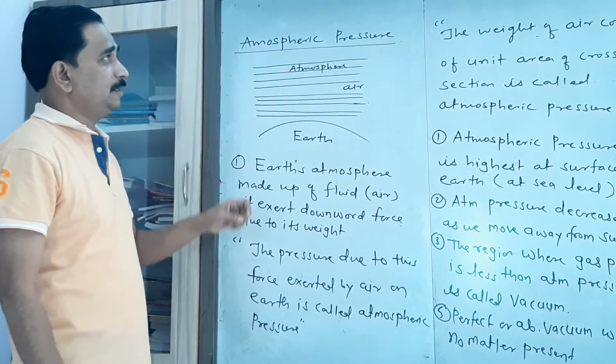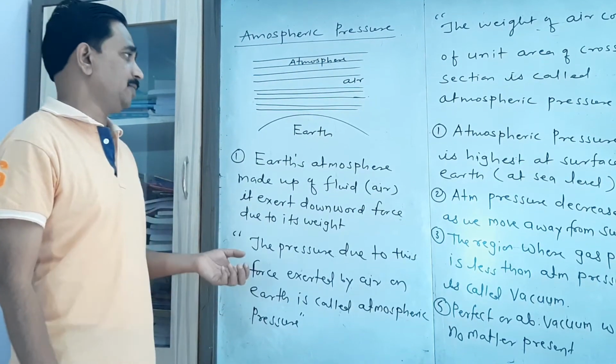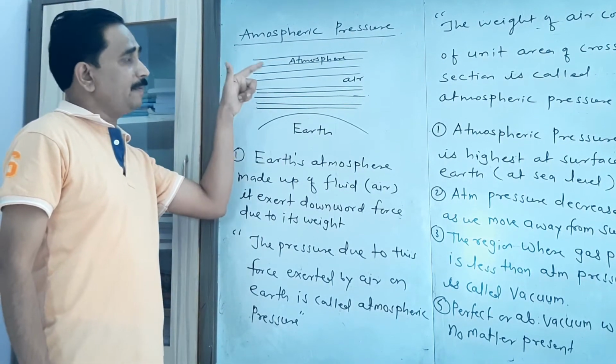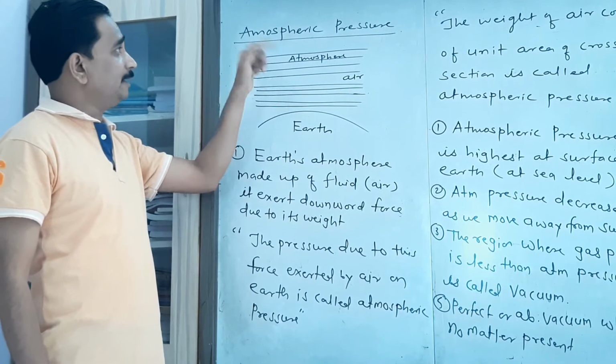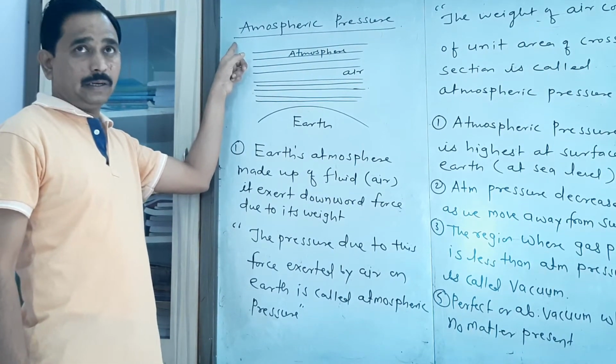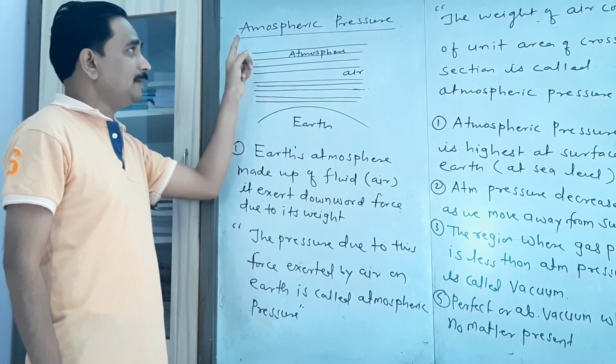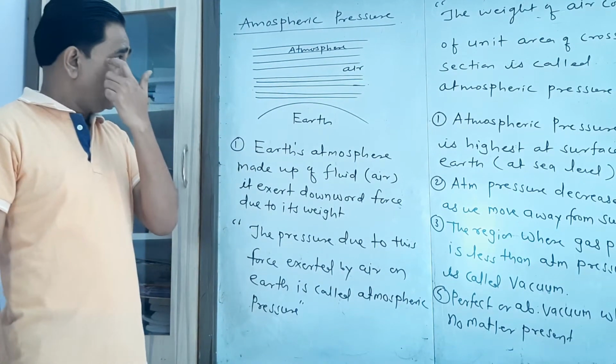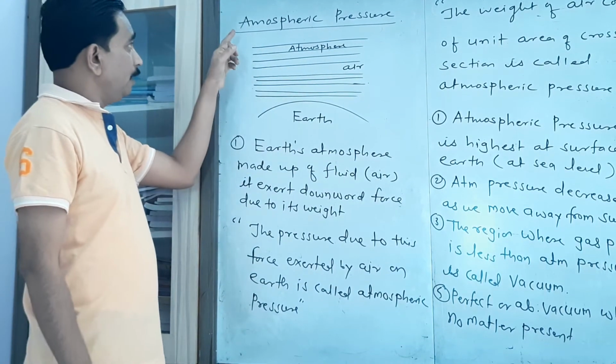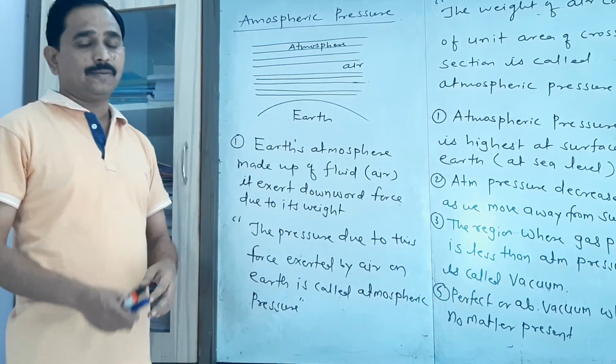Now let us consider what we mean by atmospheric pressure. As the name itself indicates, the pressure exerted by the atmosphere on the earth is the atmospheric pressure. First of all, consider what we mean by atmosphere.